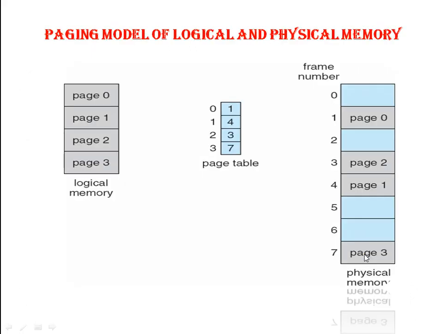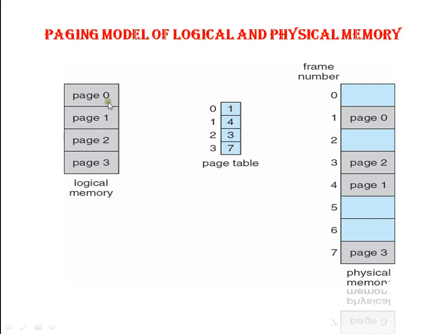Next we shall see an example, that is the paging model of logical and physical memory. Here, as you can see, this is your logical memory, which is divided into equal size pages, and the pages are stored inside the logical memory. Your page table, what does it contain? It contains the page numbers and the frame numbers.